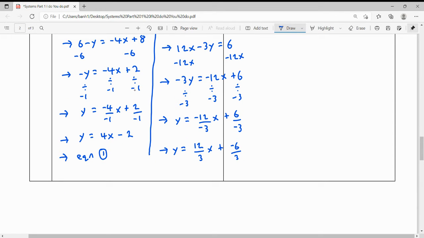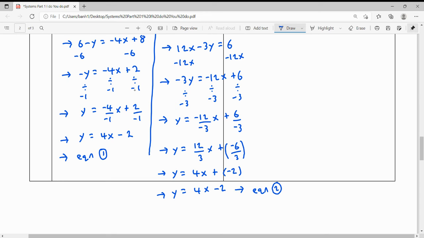Now I try to reduce as much as I can. 12 over 3 is just going to be 4, so I have 4x, and then plus negative 6 over 3 should just be negative 2. So what I actually have is y equals 4x minus 2, and that's my equation 2.